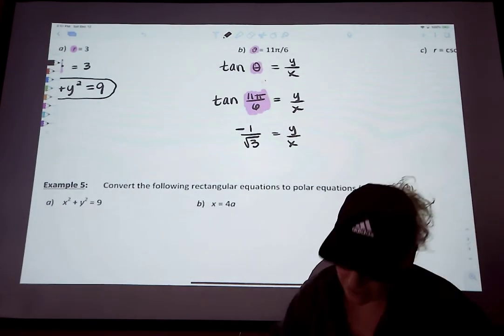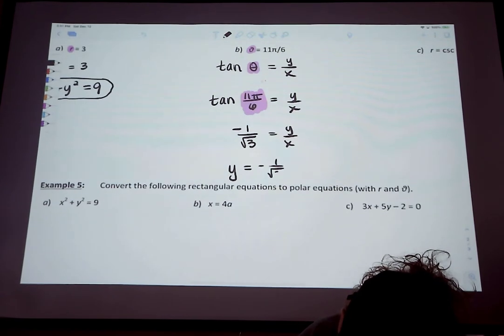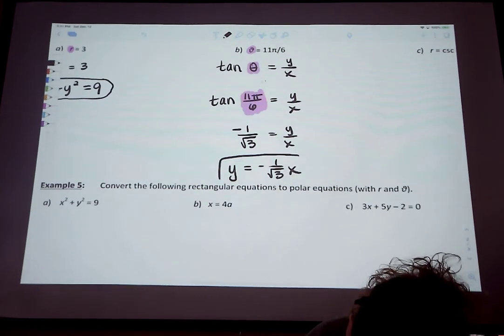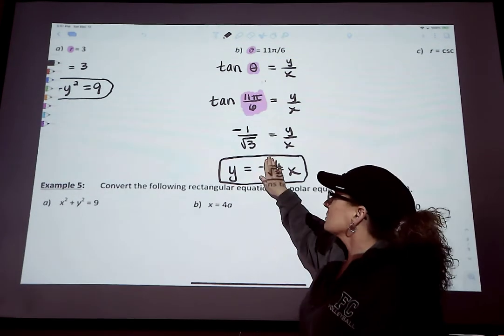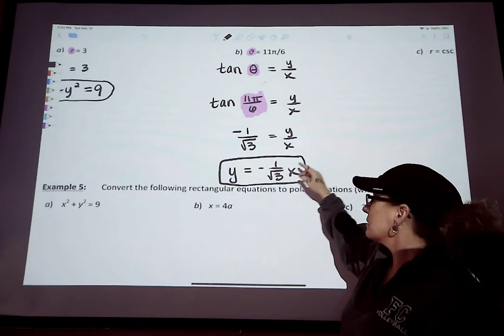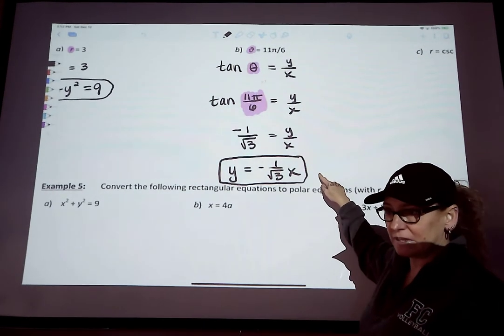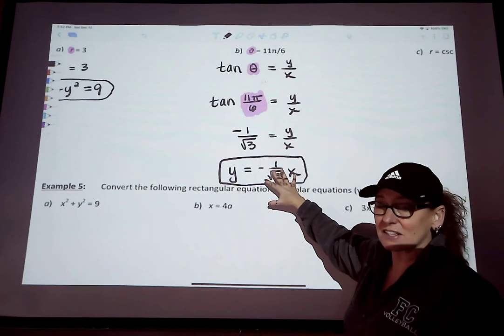Multiply both sides by x. Y equals mx plus 0. This is a line that passes through the origin that has this slope. This is a line.